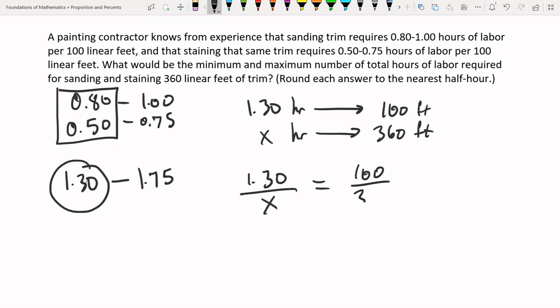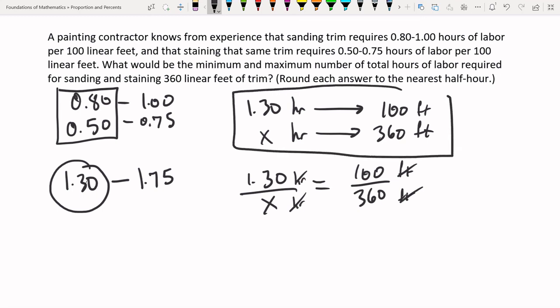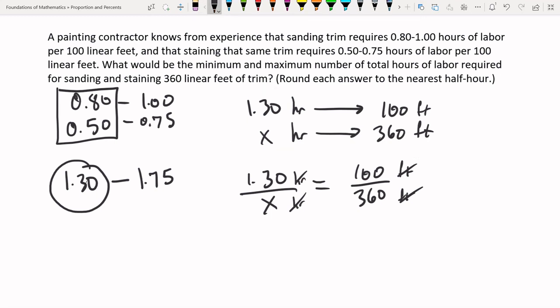Equals 100 over 360. Of course, the units cancel, right? We have hours over hours on the right, those cancel, and we have feet over feet. The way I've written it here, the units will always cancel. That's why I've written it this specific way. Now we can cross multiply and divide. 1.3 times 360, x times 100.